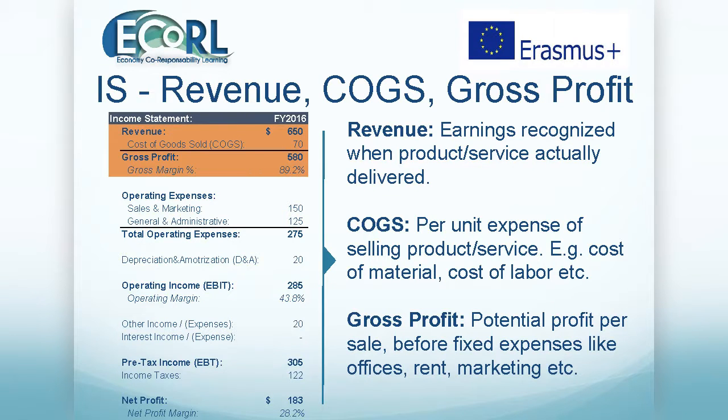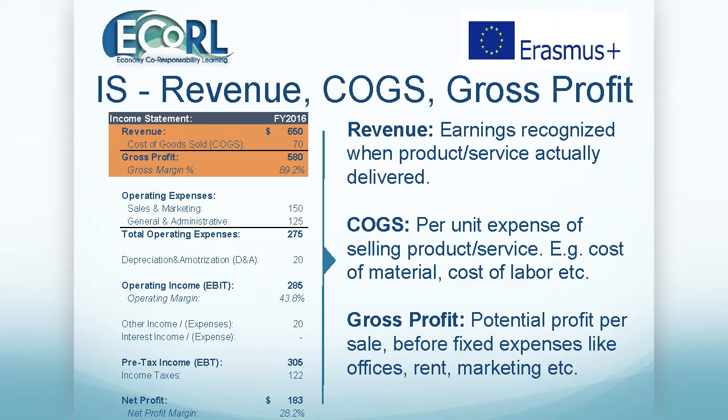As we move further down the line in the income statement, in the next slide, we're going to talk about operating expenses, D&A, which is depreciation and amortization, and earnings before interest and tax. So after the gross profit has been calculated, there are operating expenses to account for.